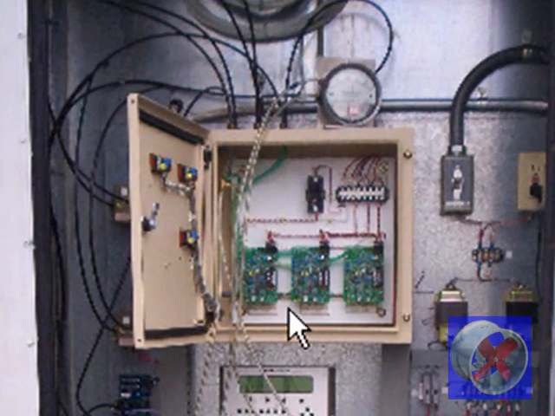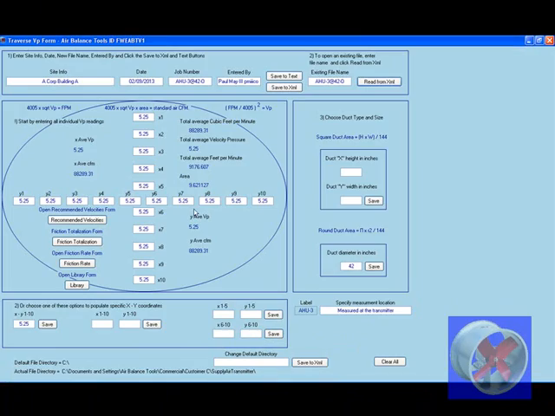So this transmitter is rated at 88,000 CFM. We know the diameter is 42, so we can guarantee that the transmitter is rated at 88,000 CFM at 5.25.